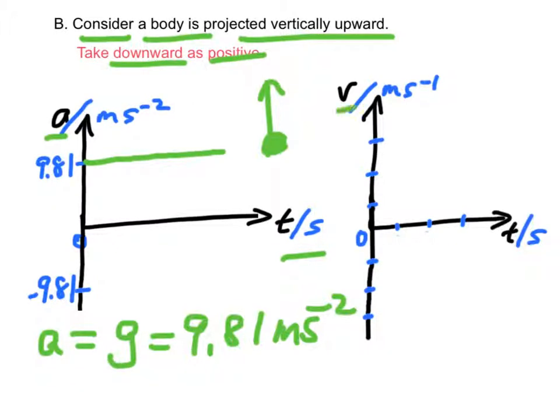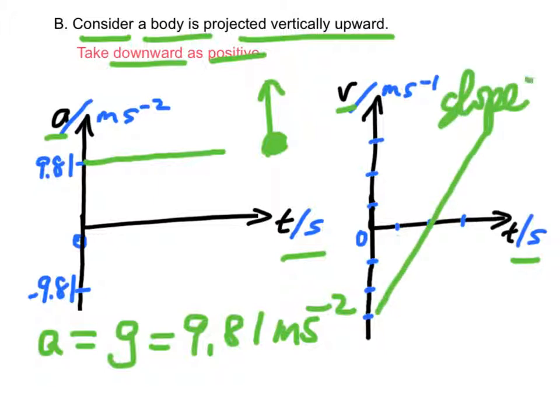Since the slope of the v-t graph represents acceleration, we have a straight line graph with positive slope, with the slope equal to g. Again, the v-intercept represents the initial velocity, which is a negative value because it is being projected upward, and we take downward as positive.